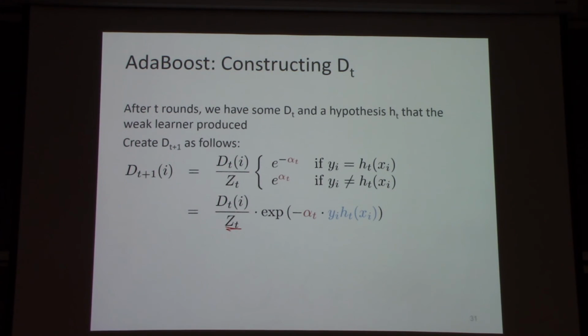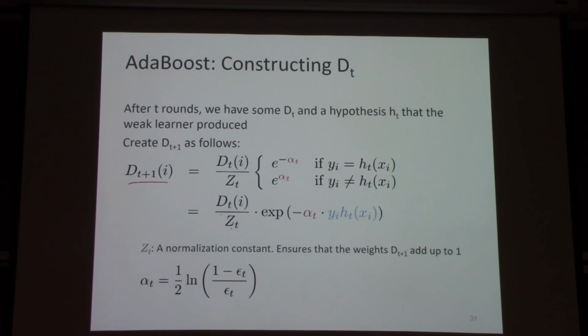All you have to do is ignore the z, do this multiplication, and then add up all those things, and that gives you your z. Then divide by that z. That will make sure that the next d is also a probability distribution, all the numbers add up to 1. Z is a normalization constant.